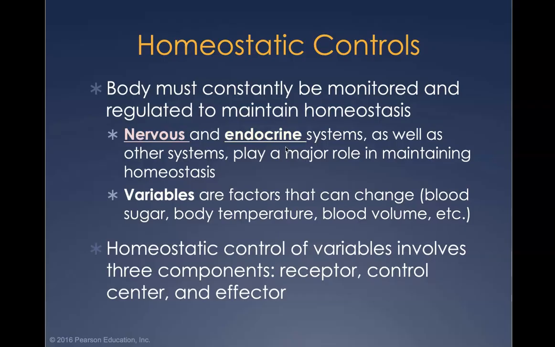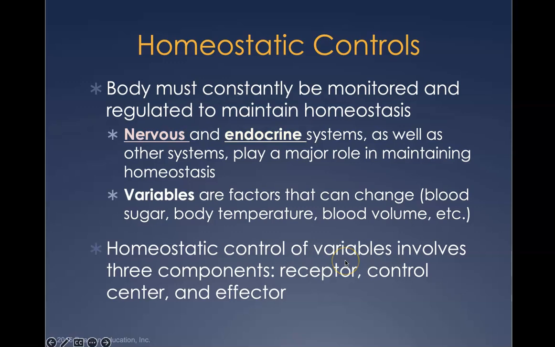You'll see that is going to be a major theme throughout human anatomy and physiology. There are lots of factors that our body is trying to control. It tries to maintain homeostasis for blood sugar, for body temperature, for blood volume, pH. There are lots and lots of things. And for each organ system, we're going to talk about what homeostatic factors it's trying to maintain the same.